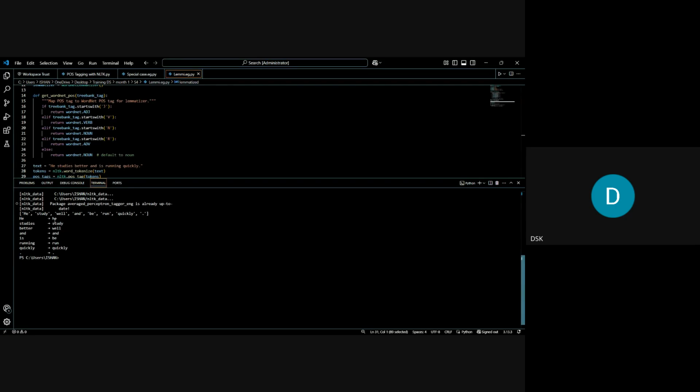As you can see, this was tokenized. As I told, even the full stop will be inside the inverted commas. For he, it remains he. Studies got lemmatized to study. Better got lemmatized to well. And remains the same. Is becomes be. Running got lemmatized to run. Quickly remains the same.